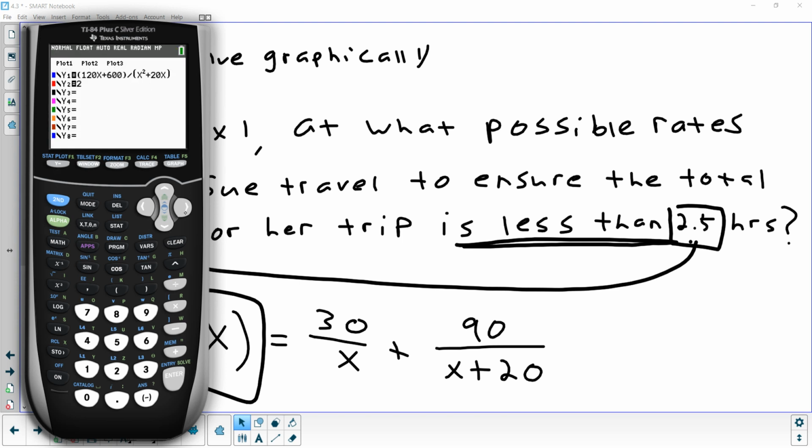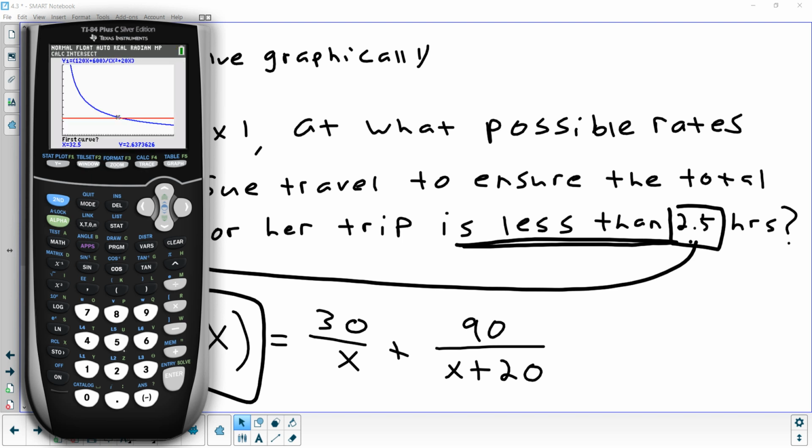Alright, so let's hit graph. Again, there's the speed of the car. It's the same problem we already did. There's where it hits 2.5. Okay, what do I need to calculate? Yep, I'm going to calculate the intercept. And now we just have to be careful about how we write the answer.